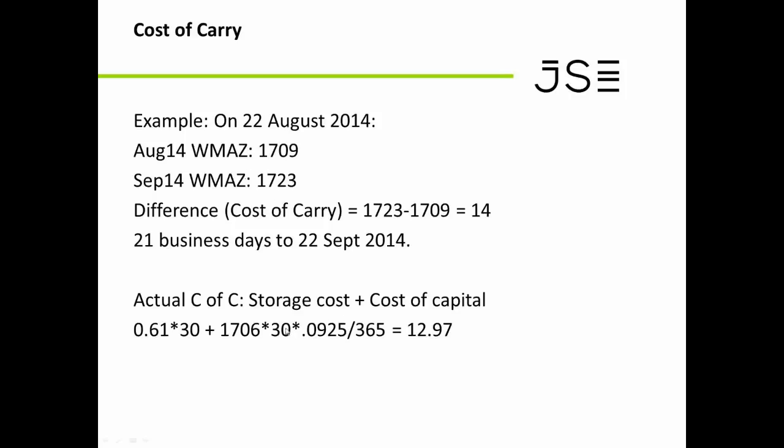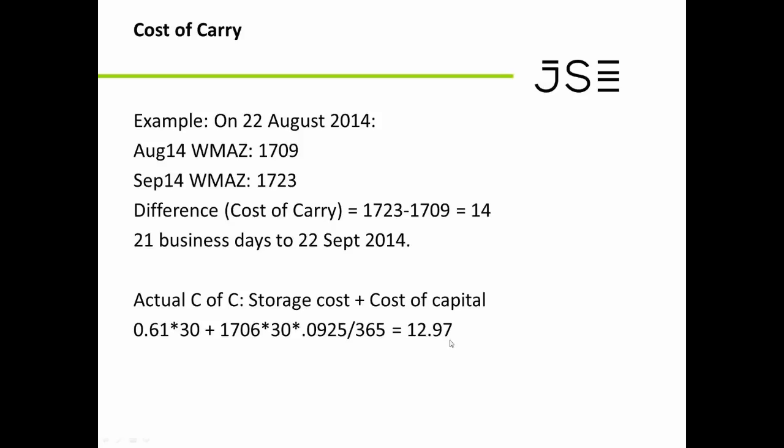So you can see that for a trader, this is the kind of information he will use to decide whether he would rather exit his position here, or is willing to carry the cost to the next delivery month.